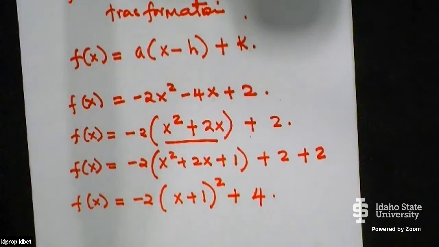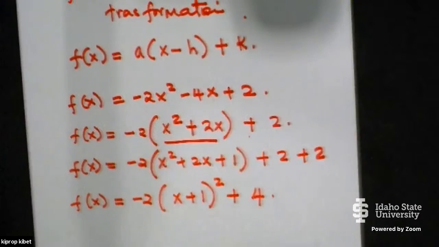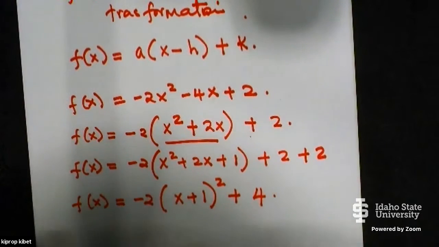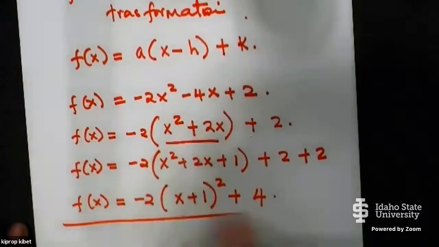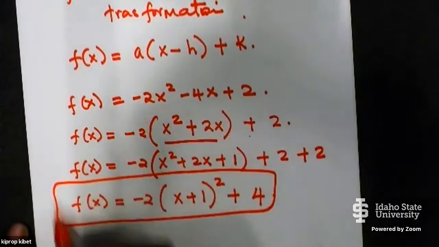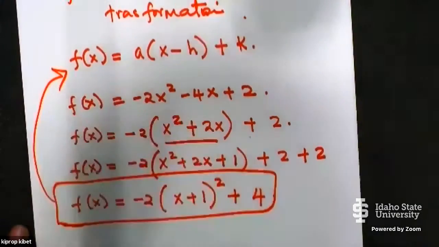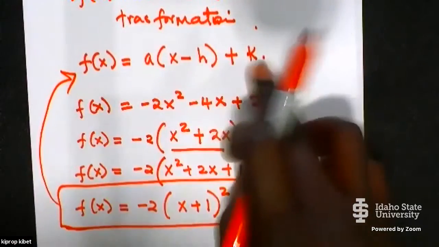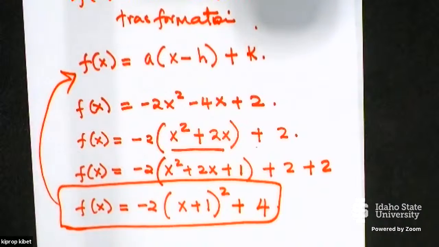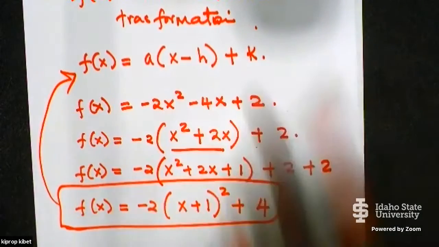Okay? So plus 4 there. Now this is the transform. We have transformed this one to be like that function there.